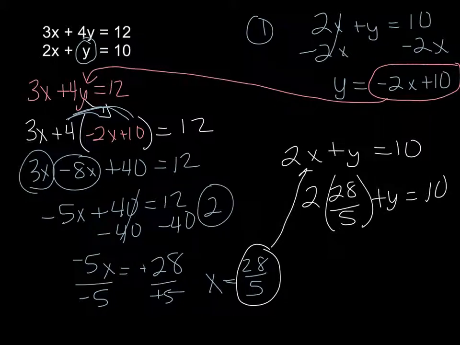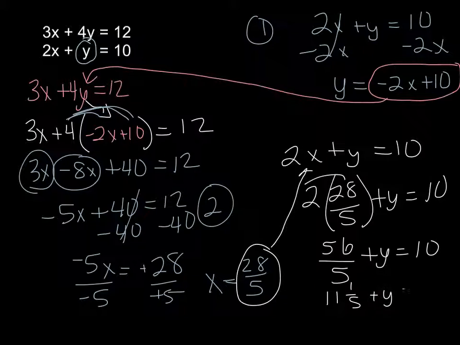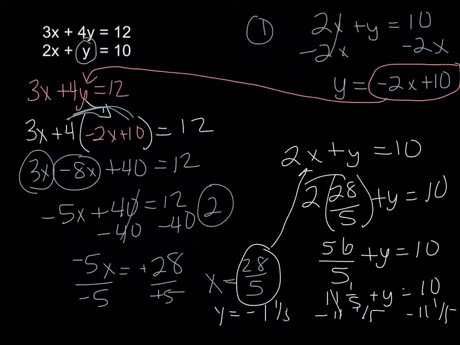And then I'm going to solve. So 2 times 28 is 56/5. And 56/5 is 11 1/5. Then I'm going to subtract it to the other side. And y equals negative 1 1/5.